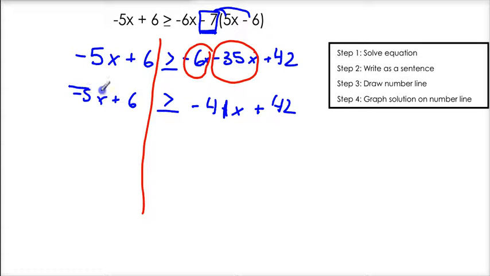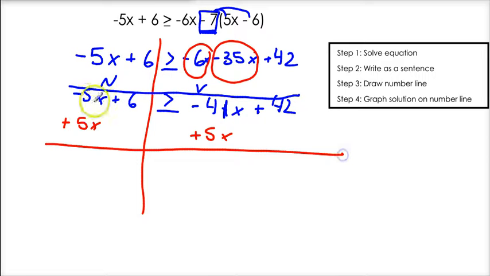Alright, now we're just going to solve like we normally do. We're going to put variables on one side, numbers on the other. Well, this looks like a bigger number, so let's put the variables here and numbers here. If this is the variable side, we're going to add the 5x over, so plus 5x. These cancel. Let's bring down the 6.